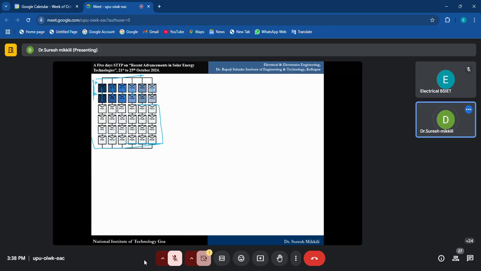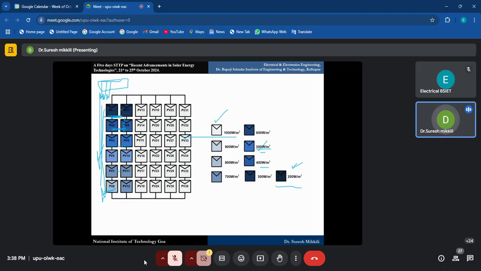This is called row shading. There is a possibility an entire row can have the same irradiance. Try to understand: if the height of your wall is the same, then all modules in one row can be taken with 500 watt per meter square. Just to make you understand, I have taken different irradiances.